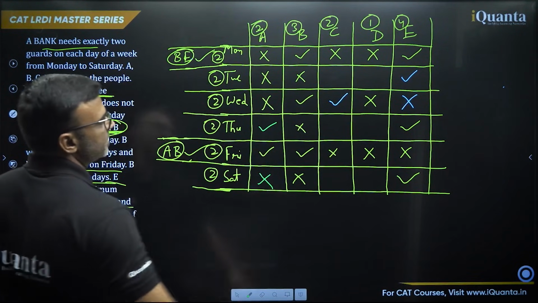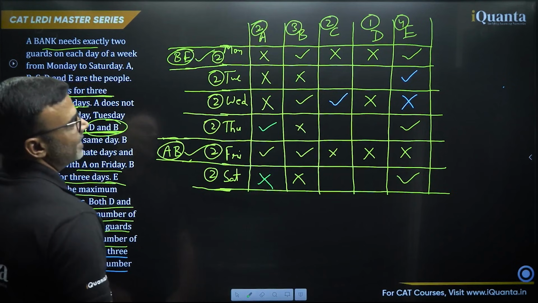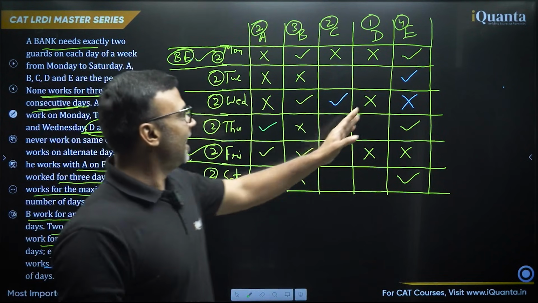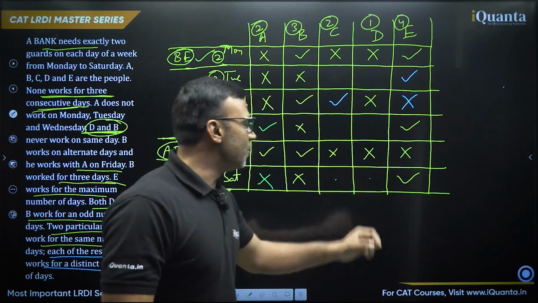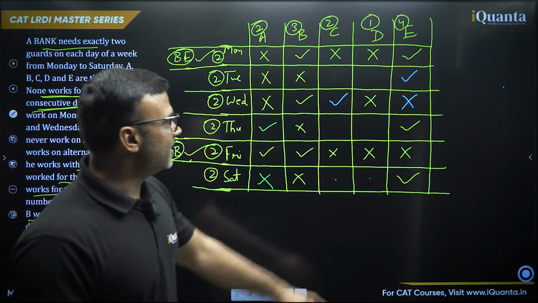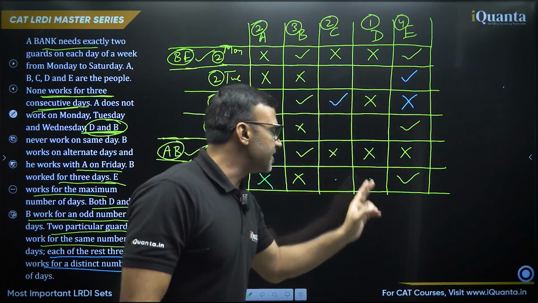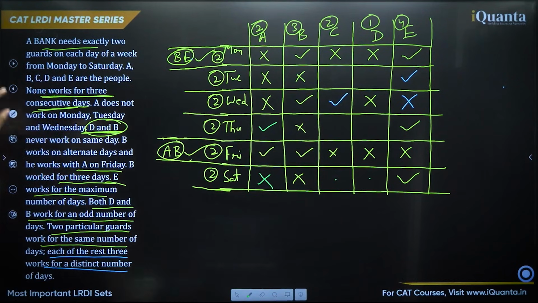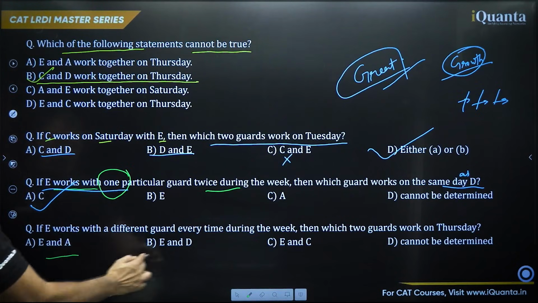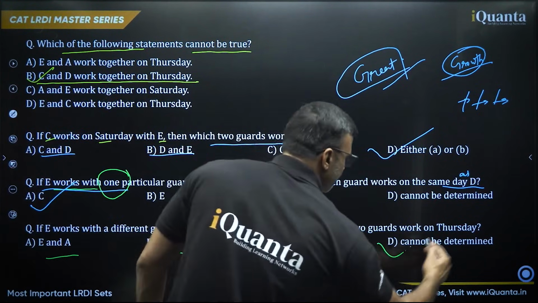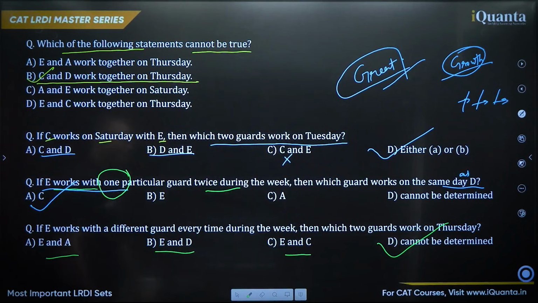Then A cannot work on Saturday. And then this Pandora's box again opens up. So what does it tell us? We still have the possibility. Now one more possibility is open, right? I mean, ED can work together on either Tuesday or Thursday or Saturday. So eventually what it means is that it could be any of these three combinations on Thursday. So cannot be determined. D is the correct answer.